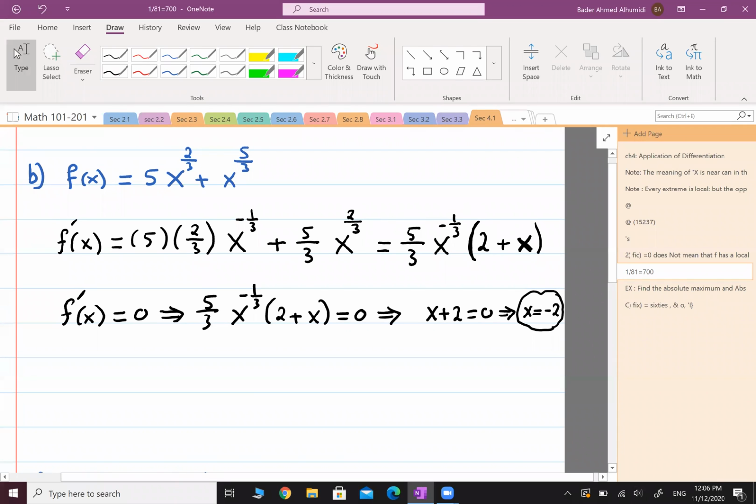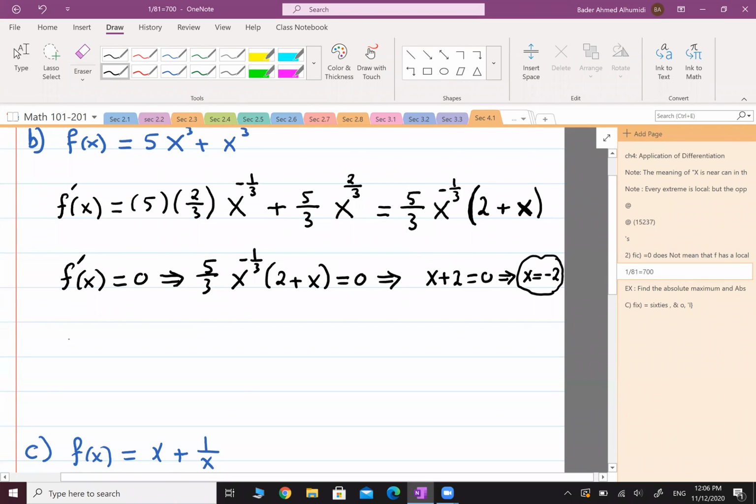Okay? The second part now: if f prime of x does not exist, this implies what? X equal to what? X equal to 0, because this cubic root with a negative sign will be 1 over the cubic root of x. That does not exist if the denominator is equal to 0, so that will give me x equal to 0.